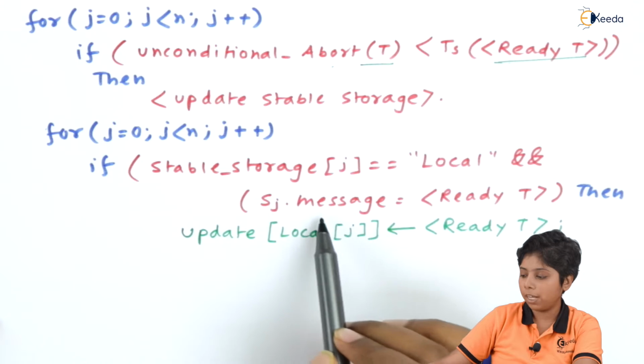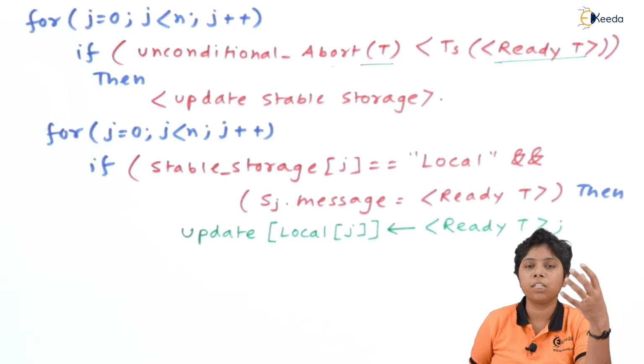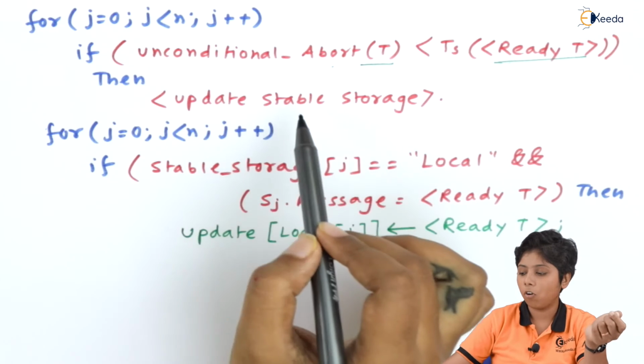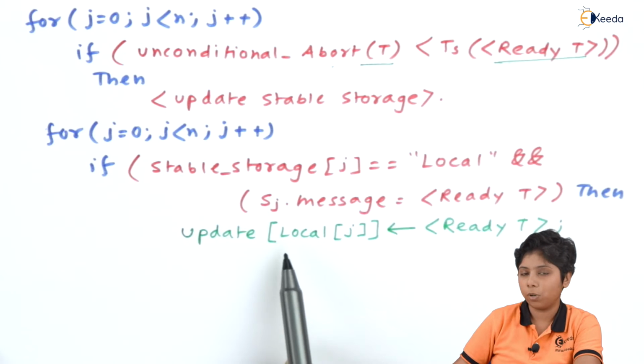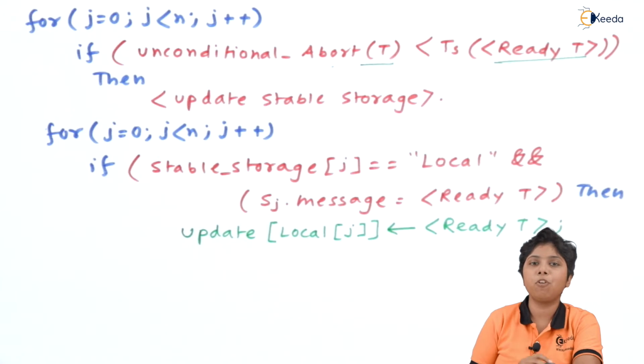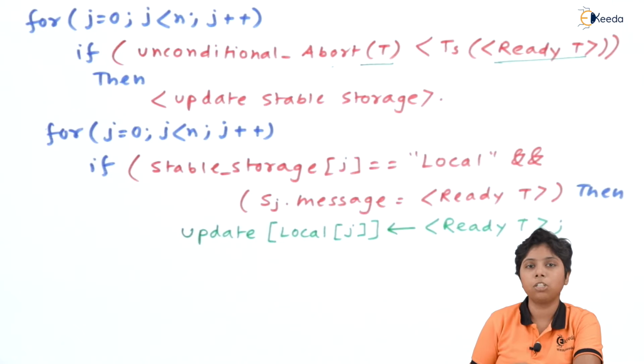Now if it is local and the message is ready T, then you need to update the local storage with the ready T, whatever the unconditional abort we have already sent, and if it is a commitment or a complete abort, then we also need to update the local storage. Now if the system crashes after the ready T is sent to the CI, there will be no problem, as SI has already been updated with the abortion or the completion of the transaction for this site.